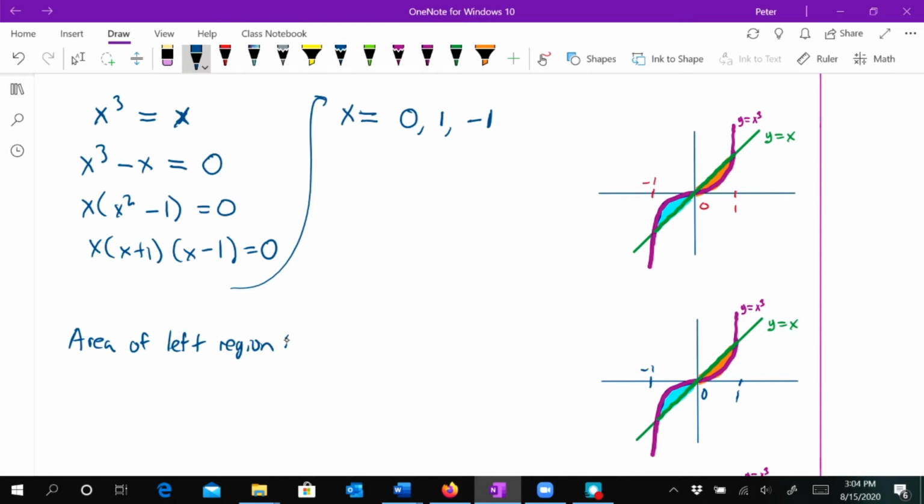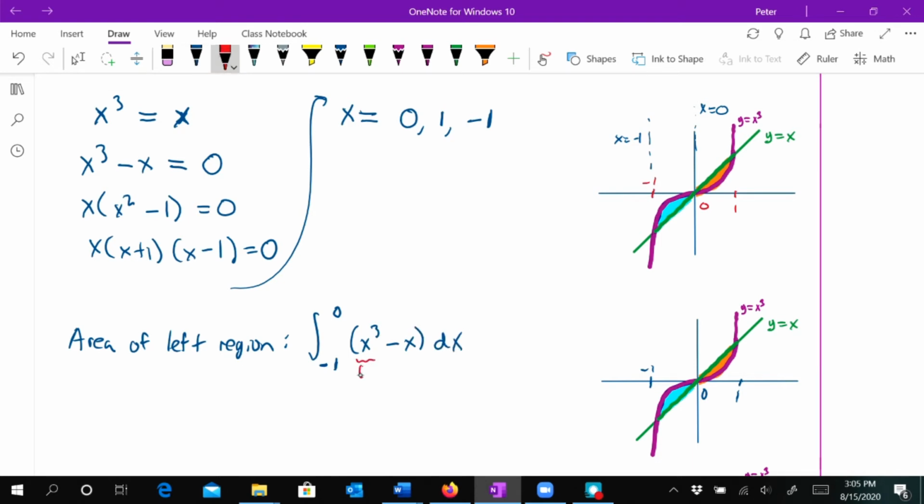In order to find that area, we're going to have to set up the integral. We see that on the left we have -1, and on the right we have 0. In other words, there's that line, x equals -1, and this line, which is x equals 0, or just the y-axis. And then we integrate top minus bottom. We can see that x cubed is the top, and x is the bottom.